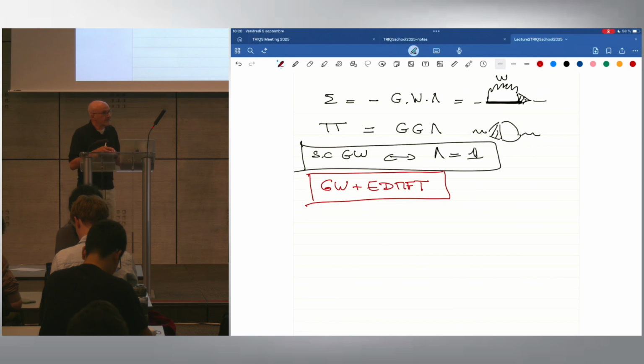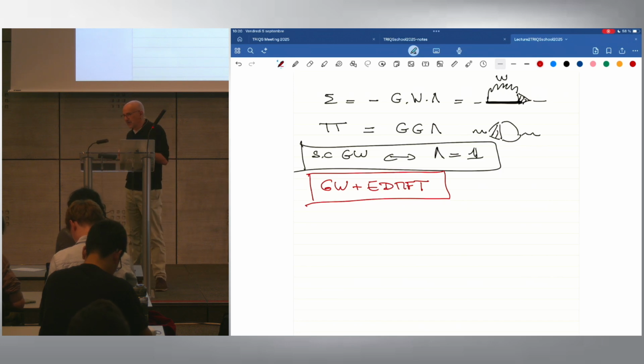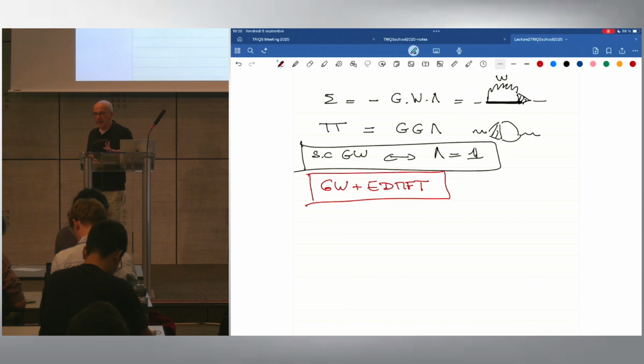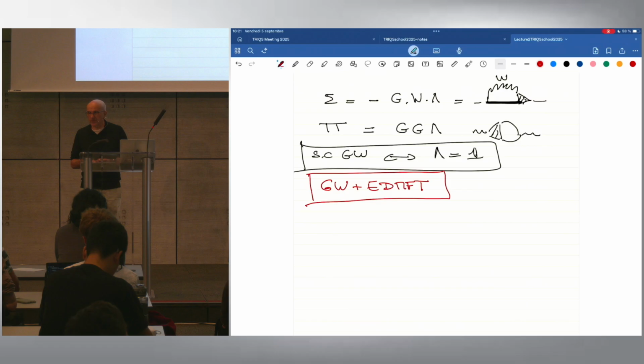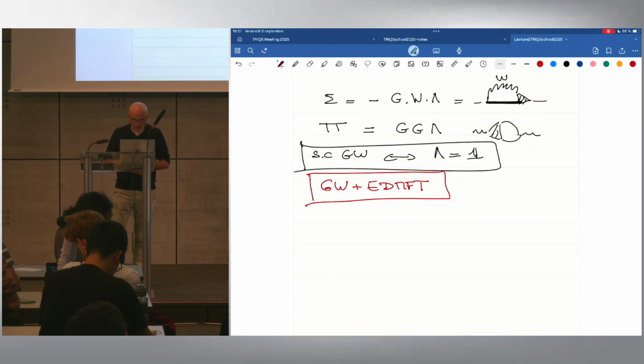And that's very different from marrying DFT plus DMFT, because in DFT, there is no way to really identify which terms, from a Green's function many-body point of view, correspond to a specific approximate DFT functional. At least, not that I know of.